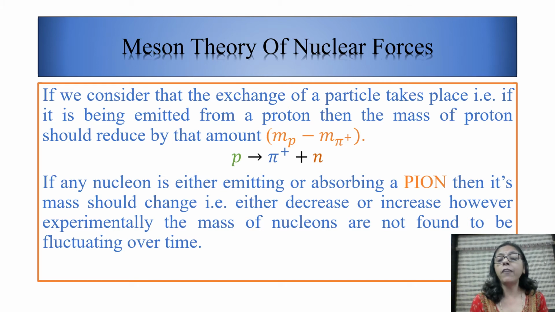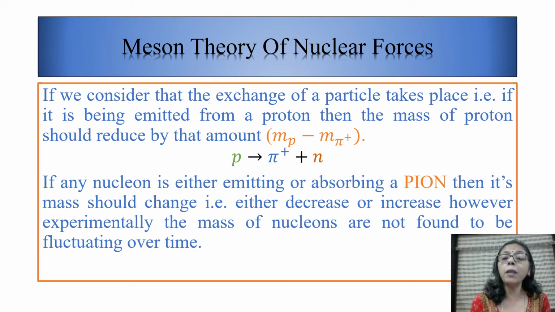That means if the equation written on the slide is true, where a proton is getting converted into a neutron with the emission of a pi plus meson, then the mass of the proton should reduce by an amount mp minus m pi plus. That is, if any nucleon is either emitting or absorbing a pion, then its mass should change. Either it should increase or decrease.